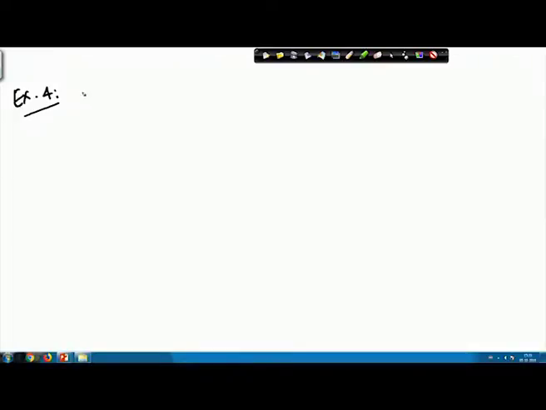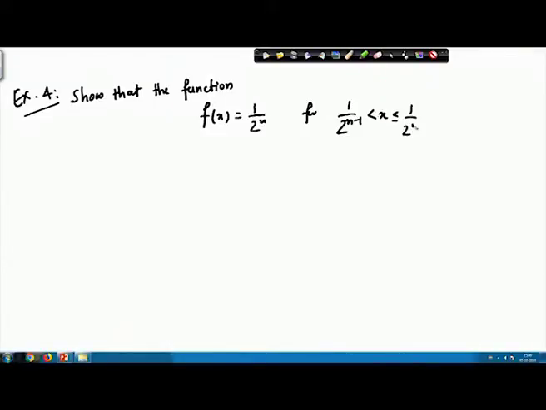Show that the function f(x) equals 1 by 2 to the power n for 1 by 2 to the power n plus 1 less than x less than or equal to 1 by 2 to the power n, and equals 0 for x equals 0, where n is running from 0, 1, 2, and so on.